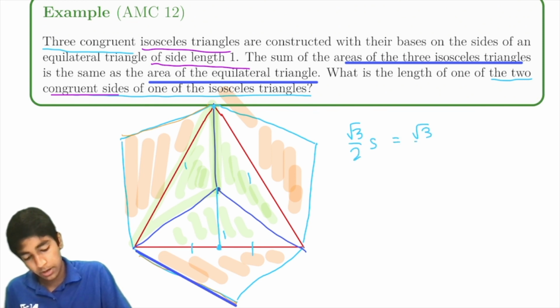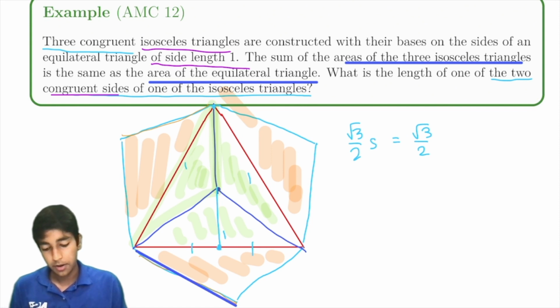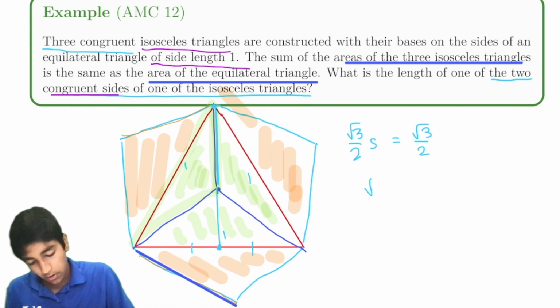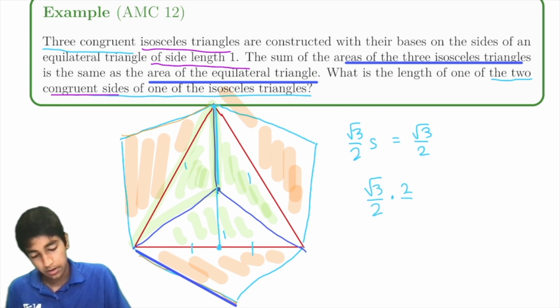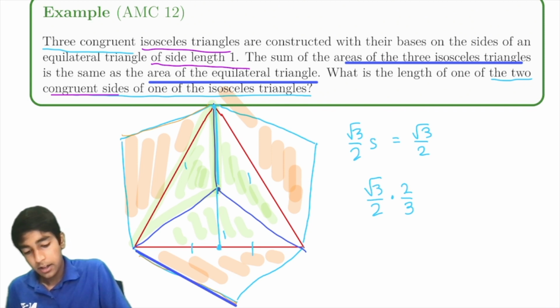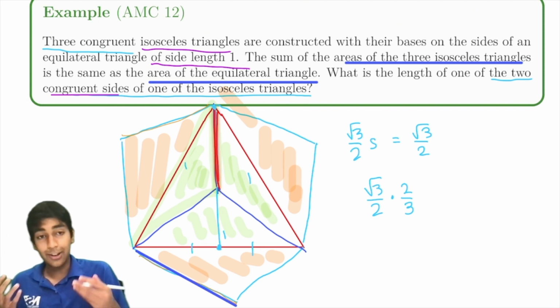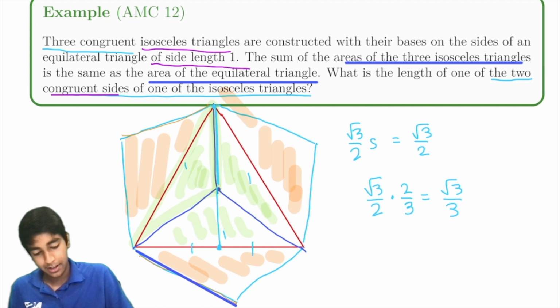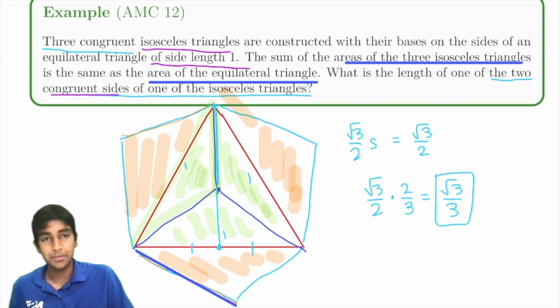So square root 3/2 will be the altitude, and this distance will be 2/3 of that. Square root 3/2 times 2/3 gives this distance over here, which is equivalent to one of our congruent sides of the isosceles triangle. Cancel out, we get square root 3/3. That's the answer for this problem.